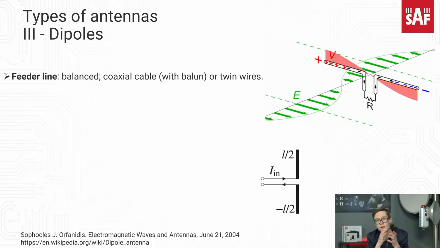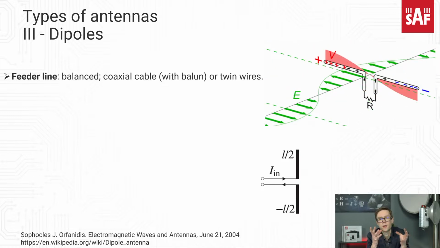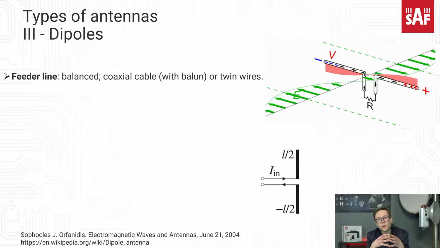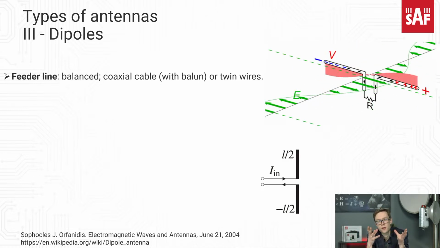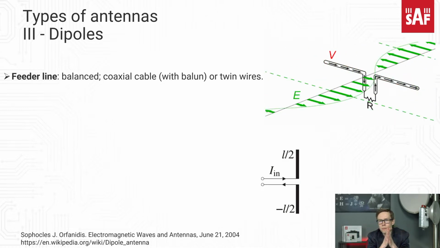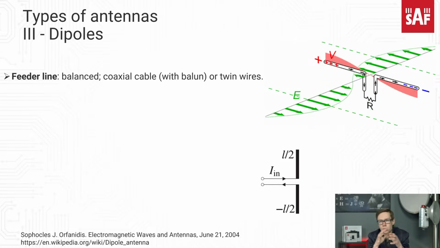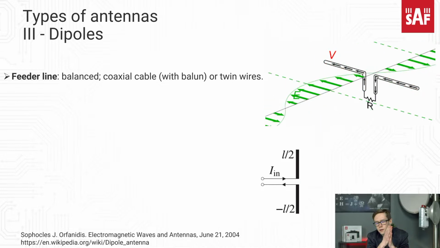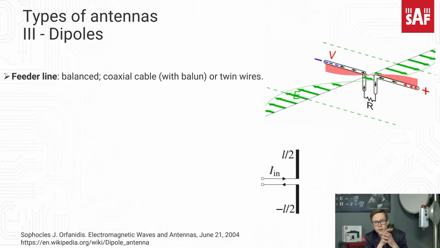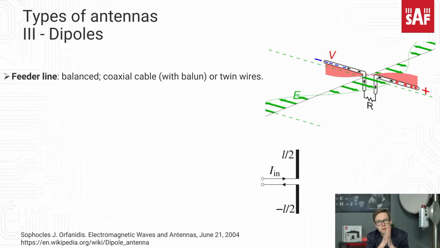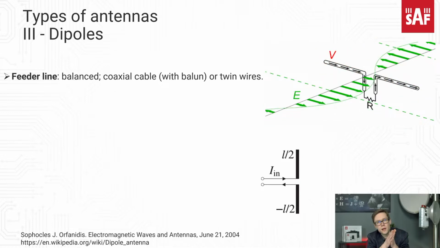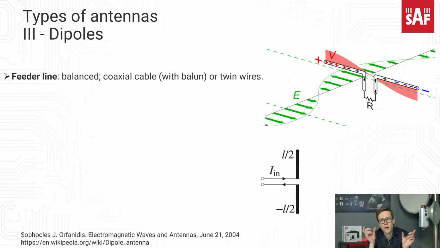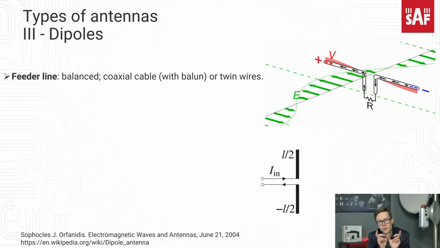But we can transition from the unbalanced line to the balanced line with a device called a balun. This is not a balloon like you can see sold for kids, for example. This is another type of balun, and the name is just a shortening of balanced to unbalanced line into one word.